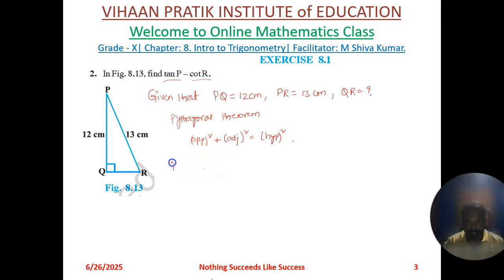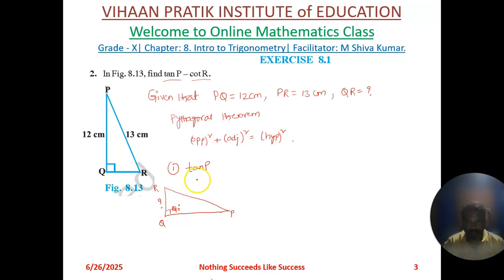So first let's consider the first part, tan P. We'll draw the diagram using the angle P. It is right angled at Q, with vertices P, R and Q. We don't know the value of QR.